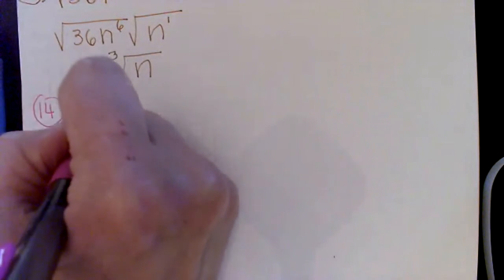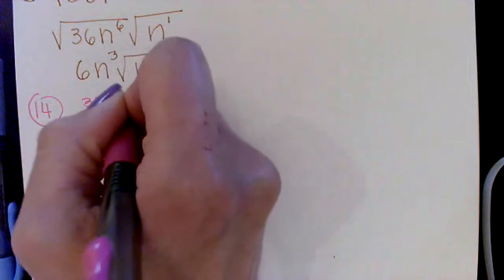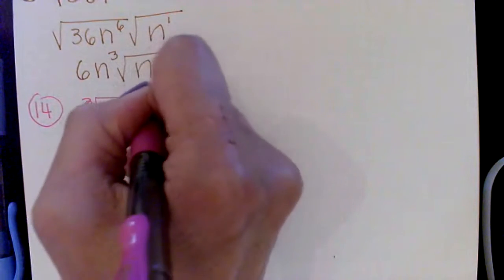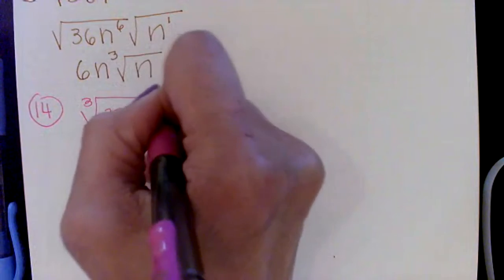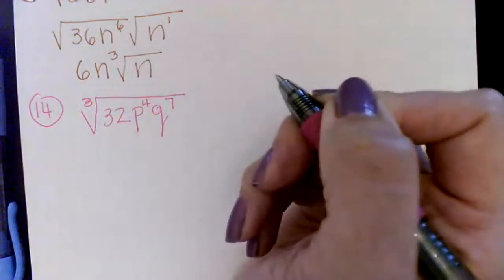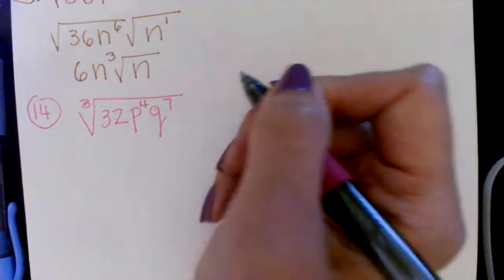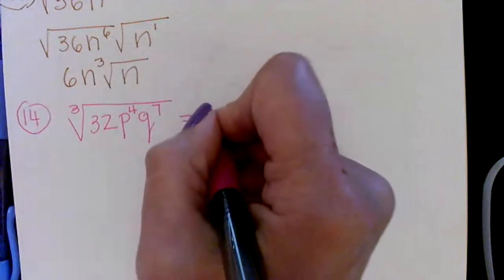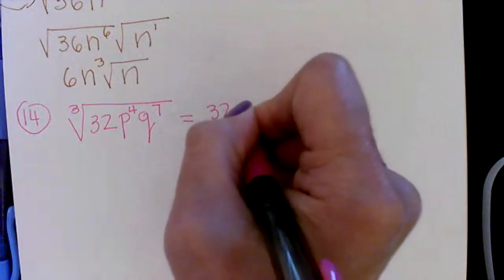Let's do another one. This one, we have 32 p to the 4th q to the 7th. All right, so I need the 3rd power, right?